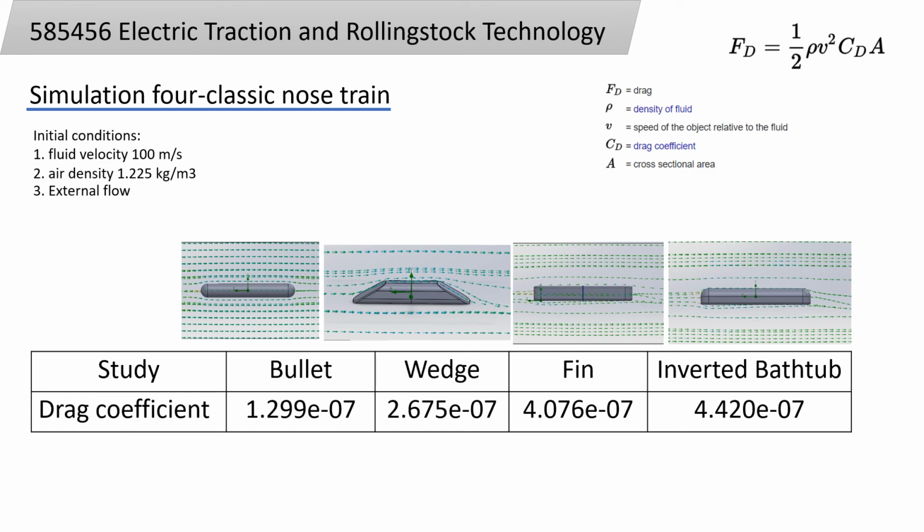According to the simulation, we can conclude that the bullet shape has the smallest drag coefficient, and the wedge also has a very small value compared to the fin and inverted bathtub.